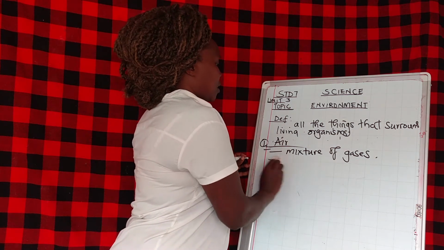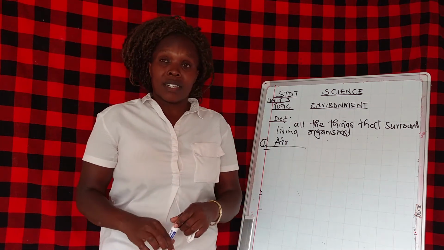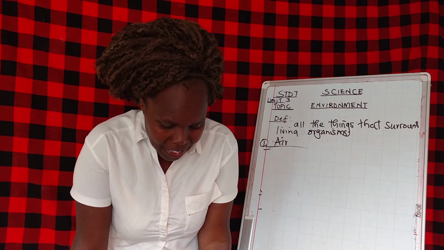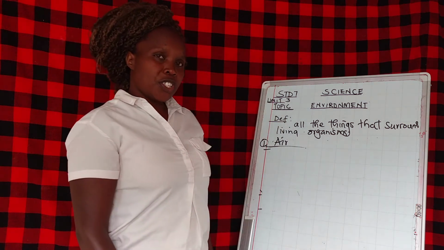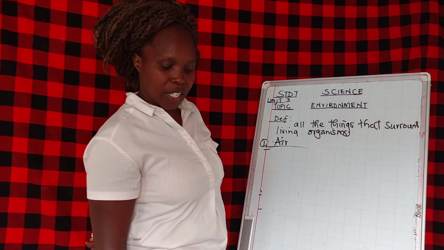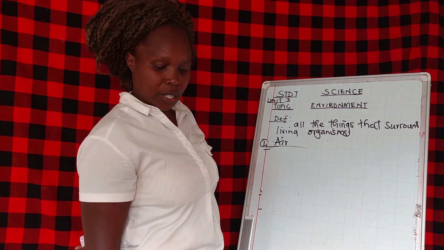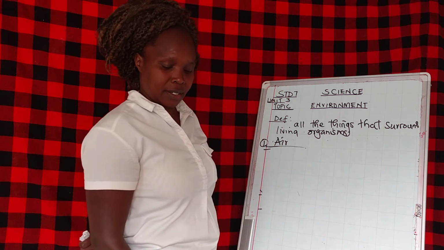What about the other gases? The other gases are very important also. For example, leguminous plants, e.g. beans, peas, desmodium, convert nitrogen in the nodules into nitrate, which is a plant protein.